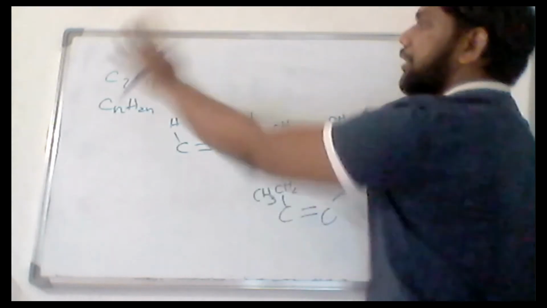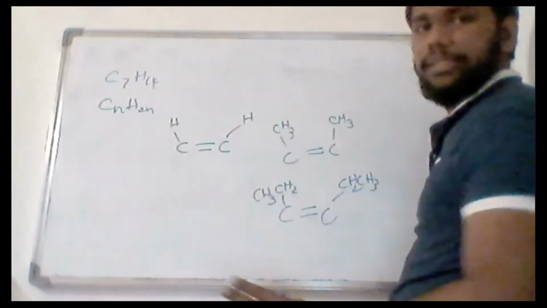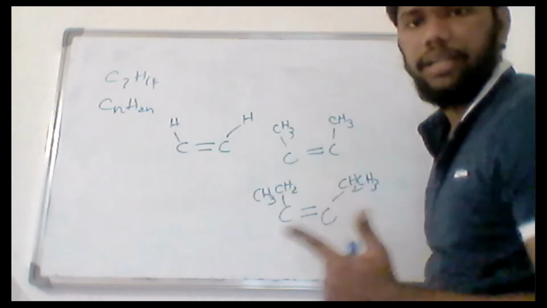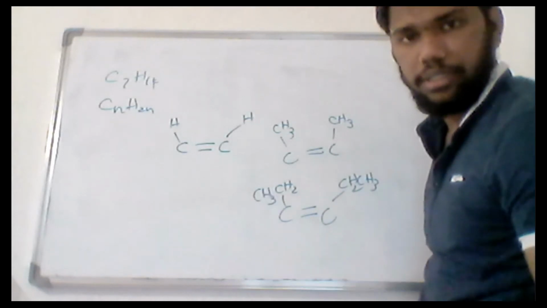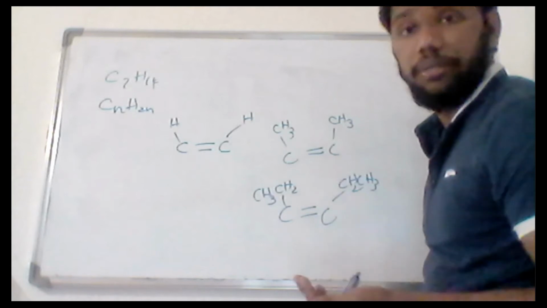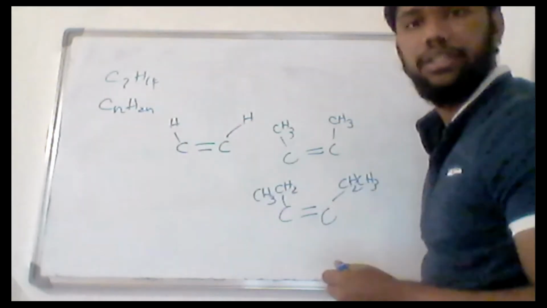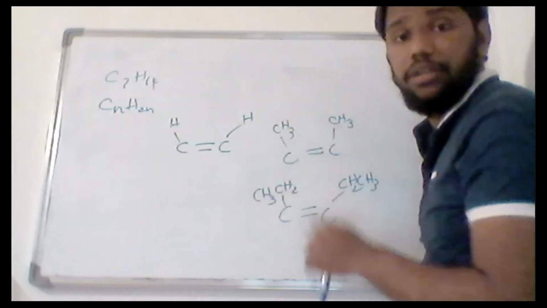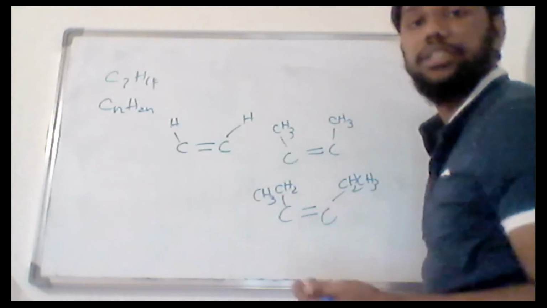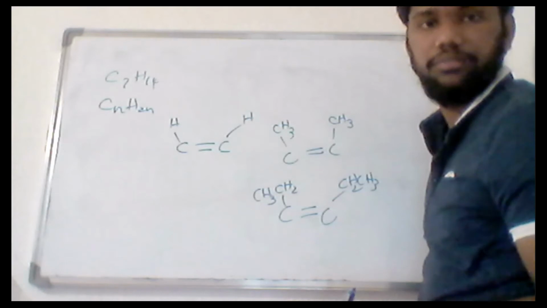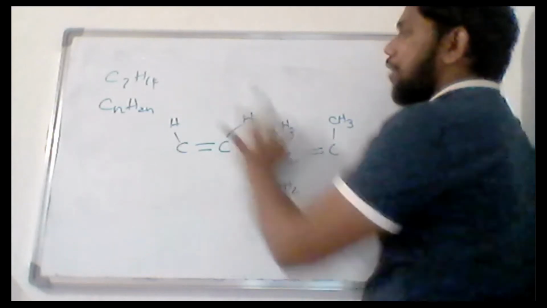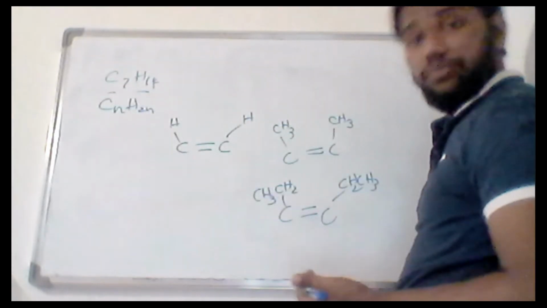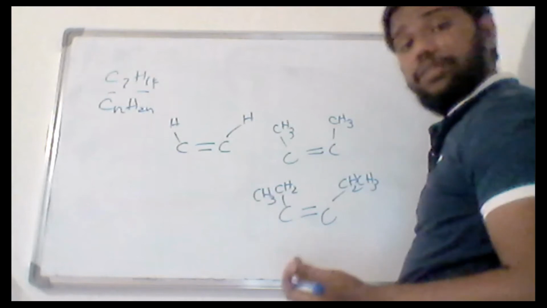So if this structure is going to show geometric isomerism, since this is an alkene where it can only have carbon and hydrogen in its structure, the geometric isomeric compound should have hydrogen across the double bond showing cis and trans configuration, or 2 CH3 groups showing cis and trans configuration, or 2 CH2CH3 groups showing cis and trans configuration. Then I will try to use this and compare the structures, whether I can form a certain structure or not, we will see.